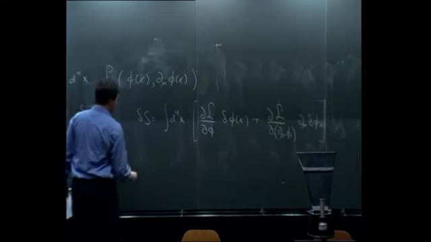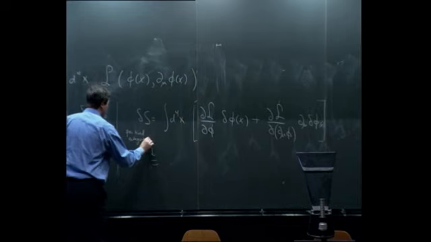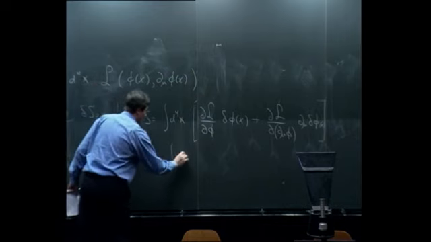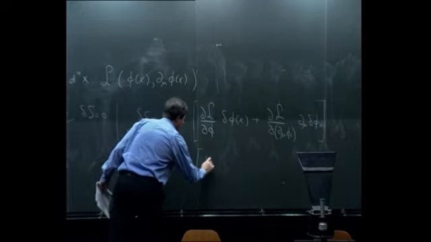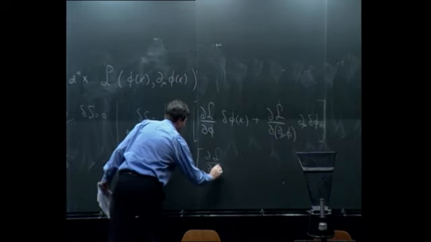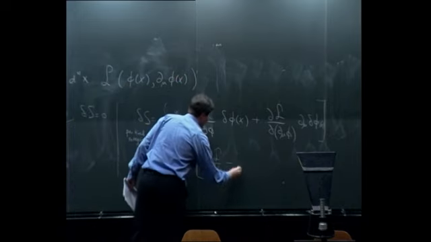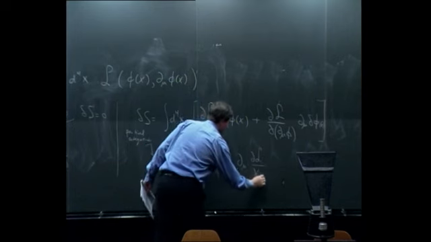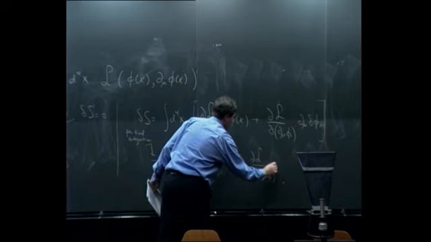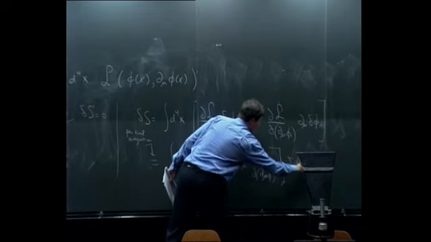After a partial integration, I can write this as dL/d phi, coming from the first term, and then minus partial mu of dL/d(partial mu phi), multiplying the same variation delta phi of x.